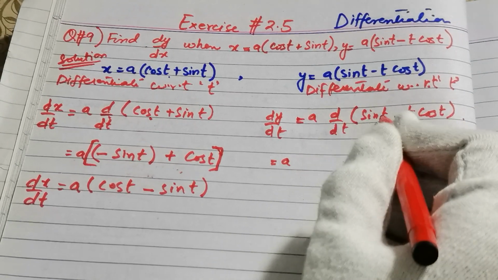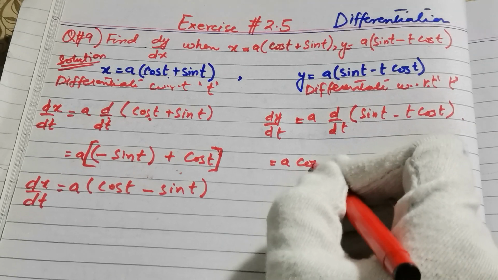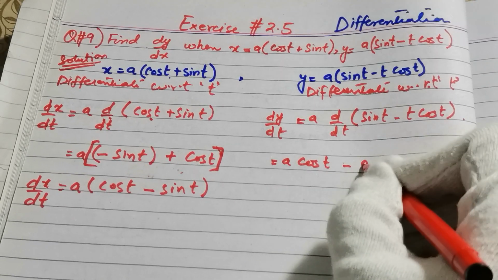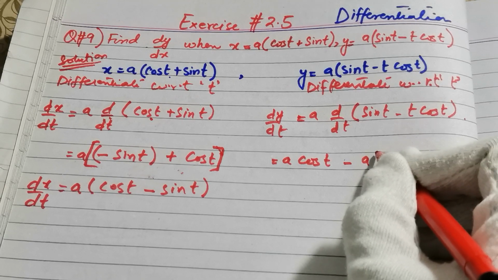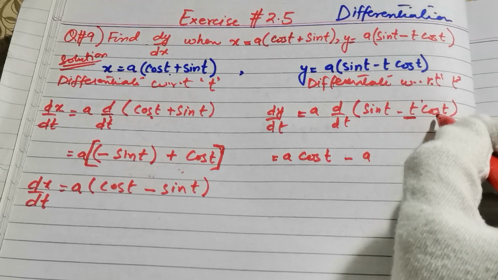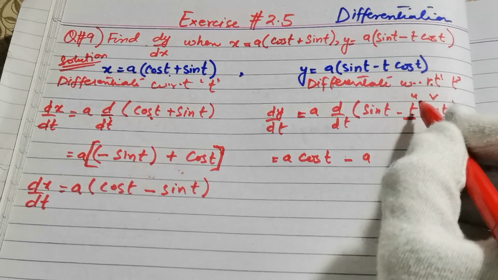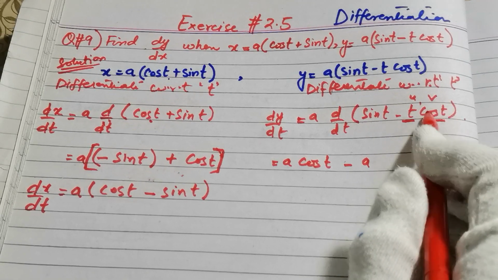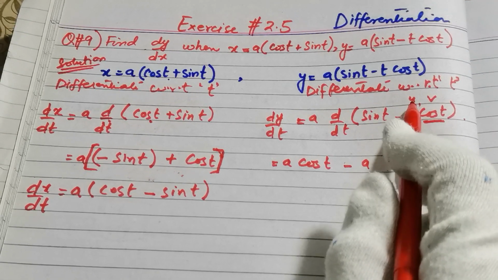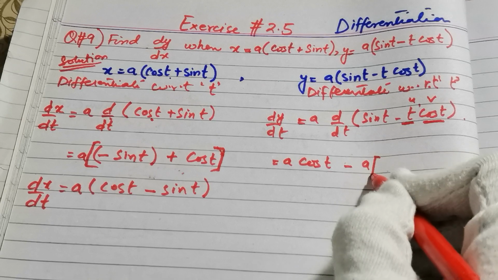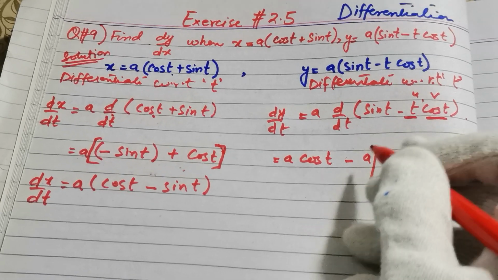The derivative of sin t is cos t, minus a, this is the first and this is the second term. It means there are two variables, cos t and t, u into v, so we apply the product rule.